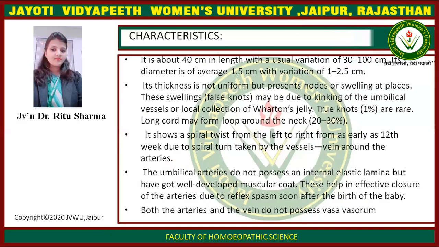These help in effective closure of the arteries due to reflex spasm soon after the birth of the baby. Both the arteries and the vein do not possess vasa vasorum.